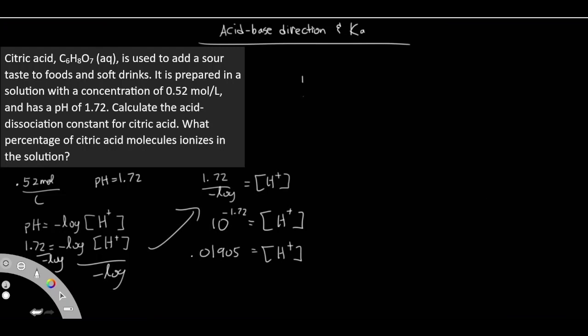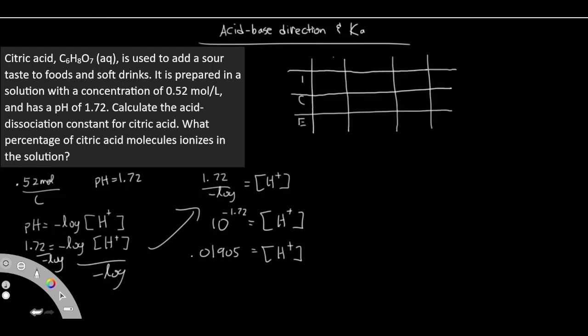We have an ice table over here. Let's draw it out. Got to be putting our reactants always first. So our first reactant is going to be, let's say, our HA. Then we have our H2O. That's always going to be constant, so we're just going to leave that blank. We don't need that. And then how about our products? We're always going to be given an acid as well as the hydronium ion concentration.